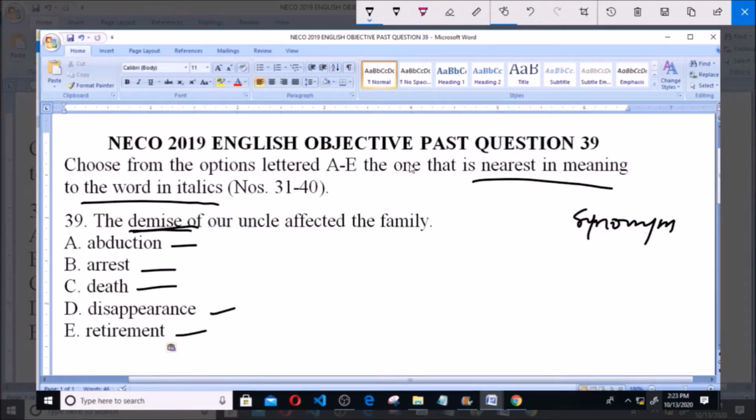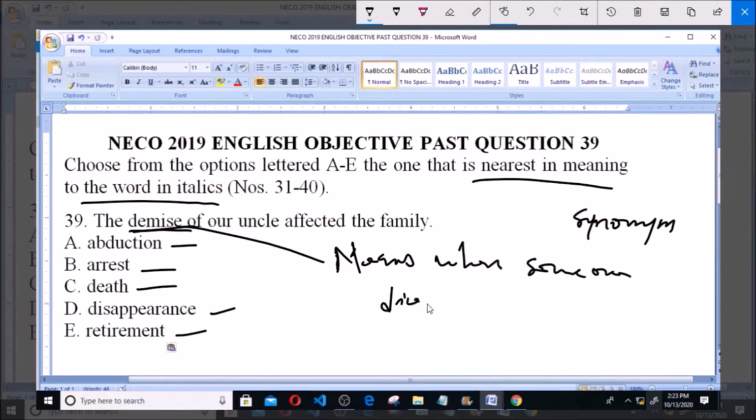Of course, as we all know, demise means when someone dies, and it is common in our everyday conventional expression. So death is synonymous with demise. So option C is correct.